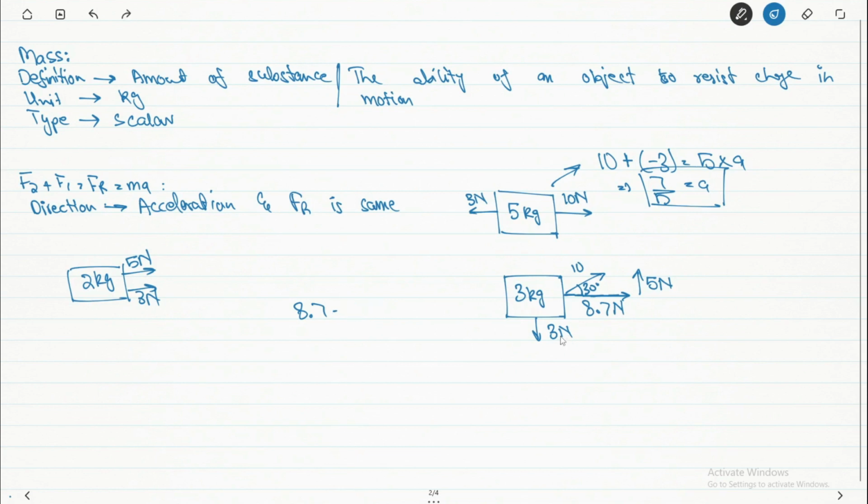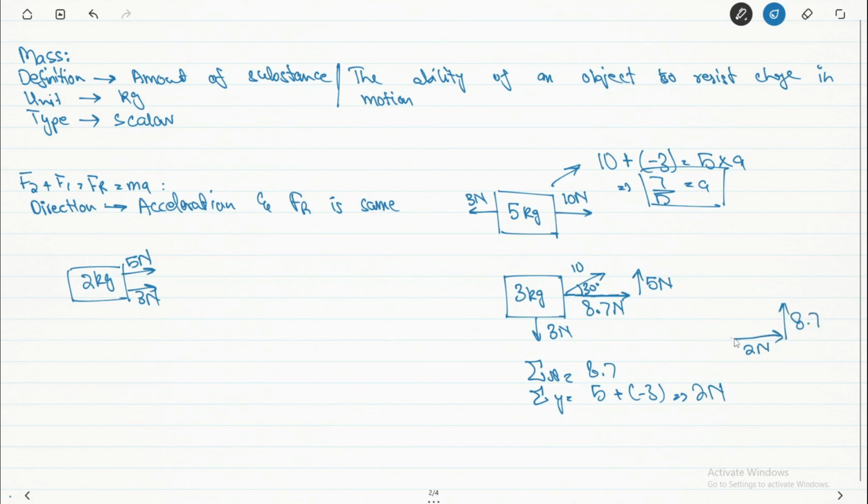But that is not the resultant force, so we can't do this. So let's do it with our method of summation. Summation x is equal to 8.7 and summation y is 5 plus -3, which is 2 Newton. So our resultant force would be this 2 Newtons, 8.7 Newtons.